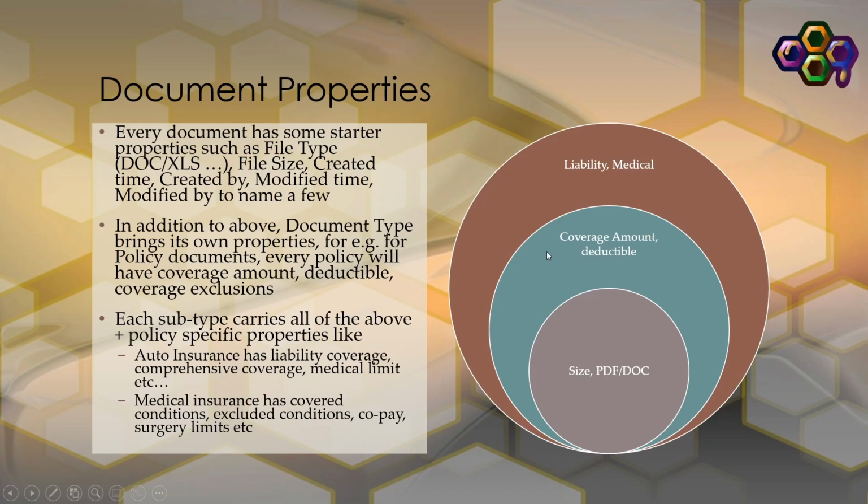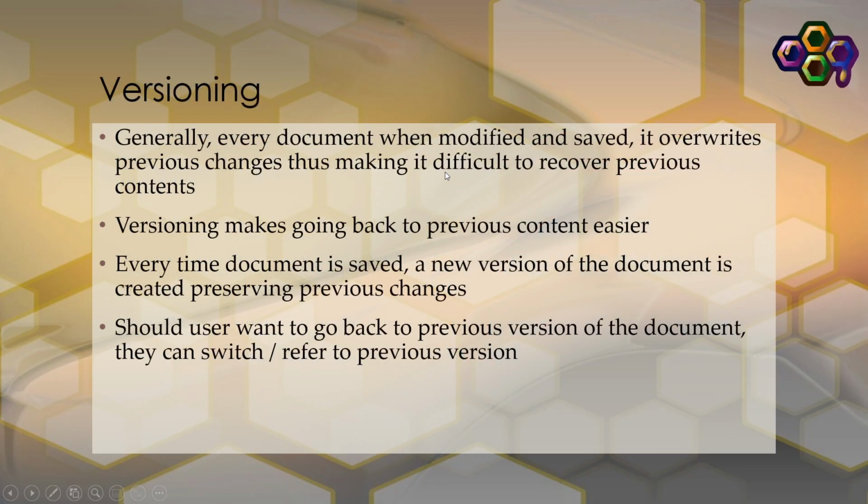This is about auto policy. Now if it is a medical policy, then you will have inpatient, outpatient, exclusions, inclusions, and so on. You get the idea. So let's go to the next concept, which is versioning.